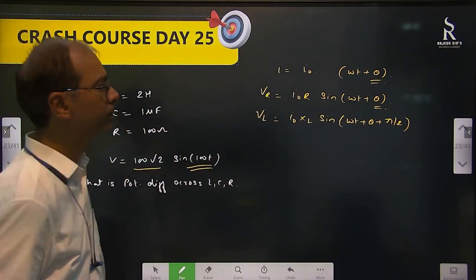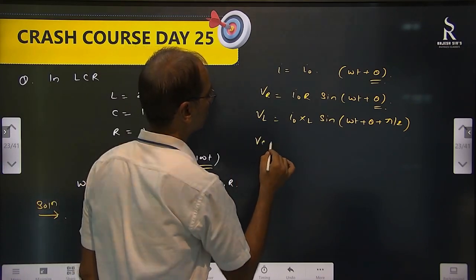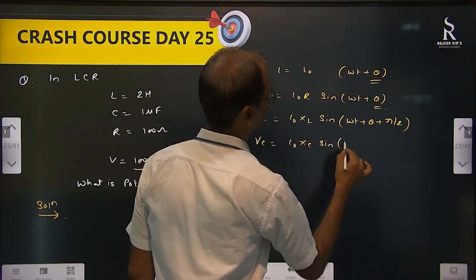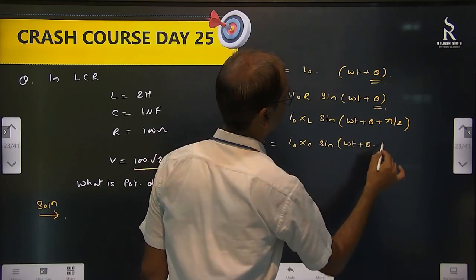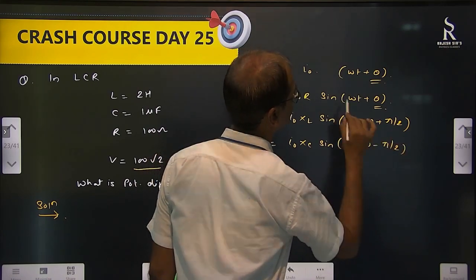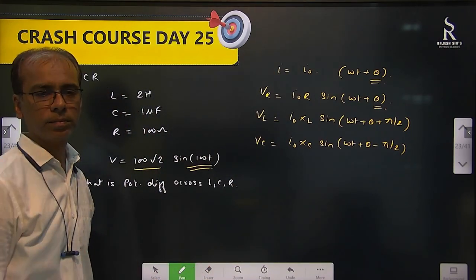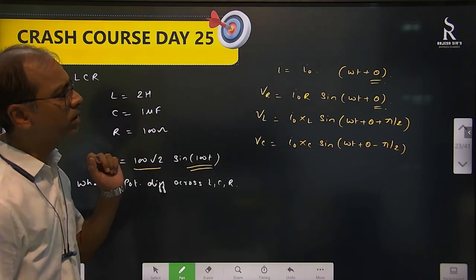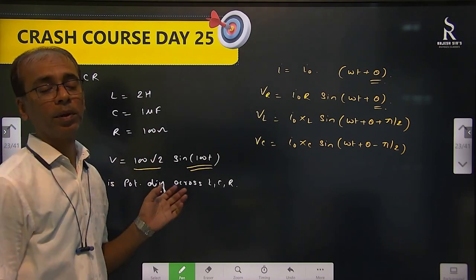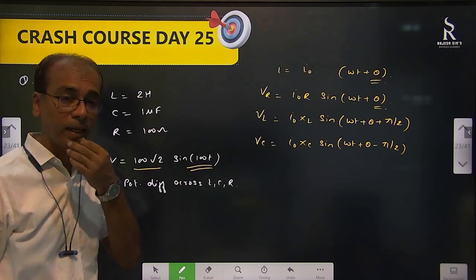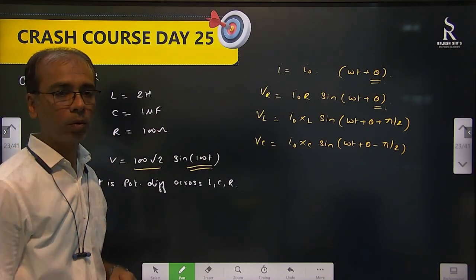We know that. VC will be I naught XC sine omega t plus theta minus pi by 2. All in terms of I only I have written. Now the question is, what is this theta? Whether I is ahead of the supply or behind the supply, you have no idea.